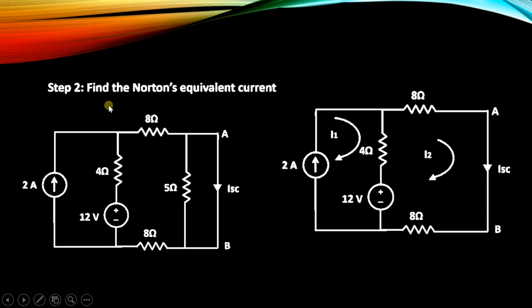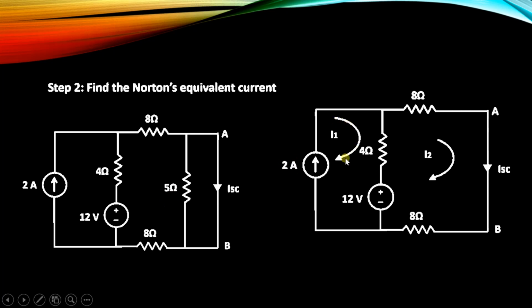Then the second step is to find the Norton's equivalent current. Now for finding that, we short circuit the terminals A and B. These terminals are short circuit, and we reconnect the current source and the voltage source to their places in the circuit. We make two loops, this first loop here and the second loop here.